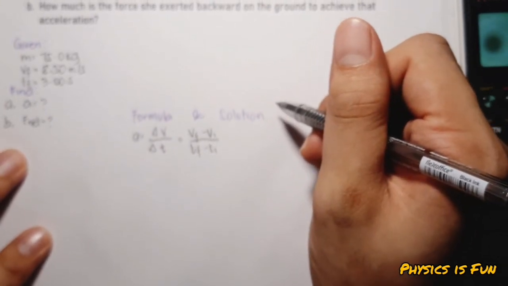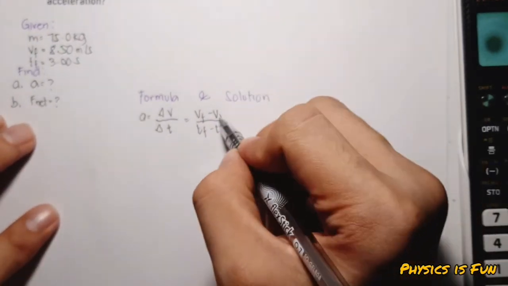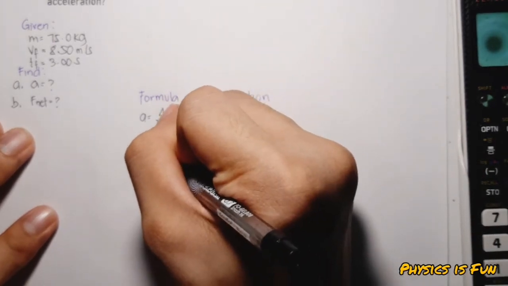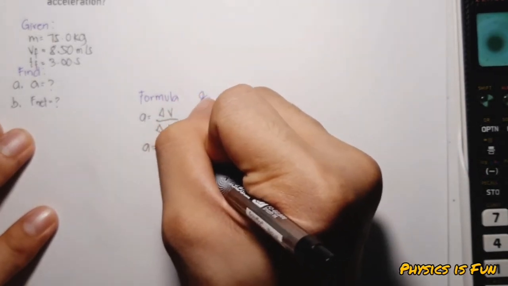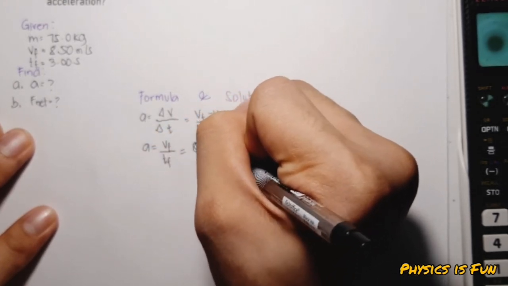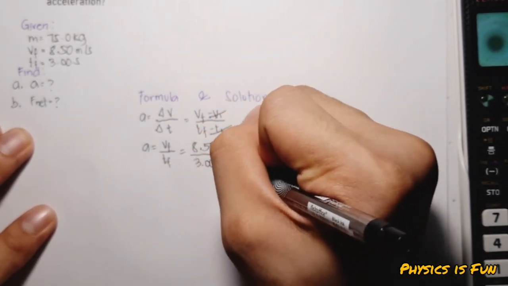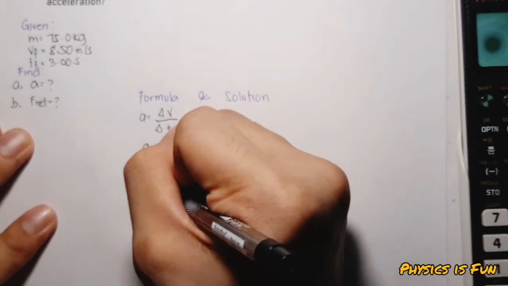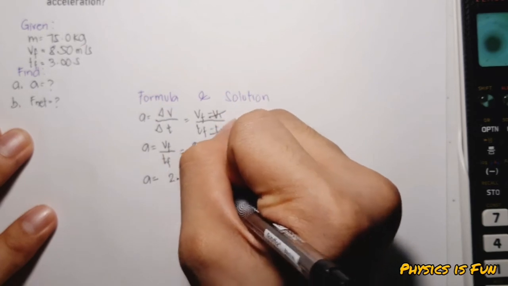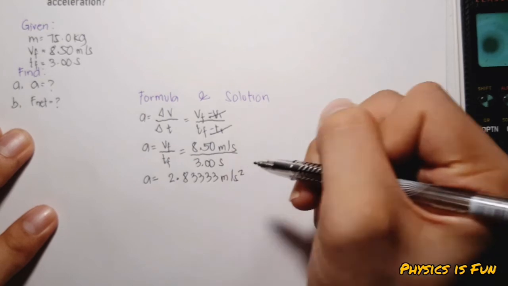Since according to the problem, the player started from rest, we don't have initial velocity and initial time, giving us acceleration is equal to Vf over Tf, which is 8.50 meters per second over 3 seconds, giving us the answer of 2.83333 meters per second squared.